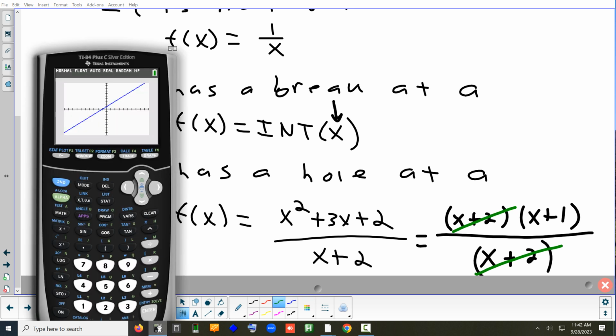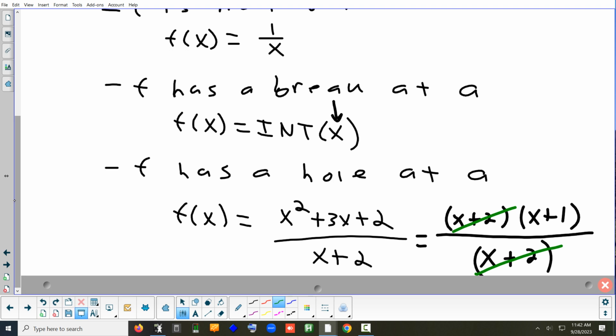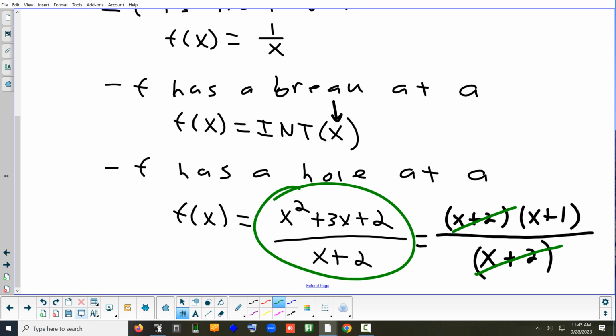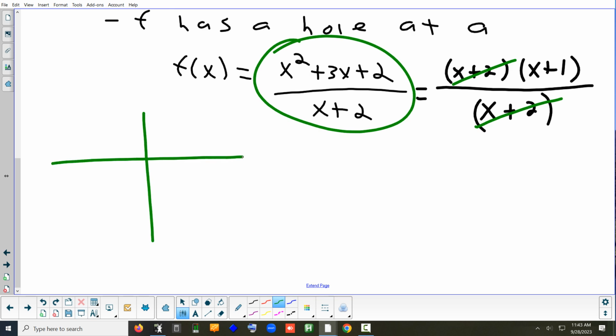You might be able to cancel them, but the restriction from the beginning still applies. It was still there in the beginning. And if I graph x plus 1, it does look the same. The difference is there's a hole in this graph at a certain number, an infinitely small hole. So what number can you not plug into that? -2. So what we really should do on the graph, if we were drawing it by hand, is show the hole. It kind of goes right above the origin like this.